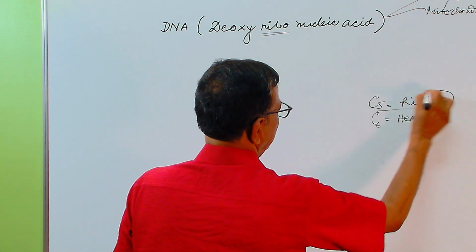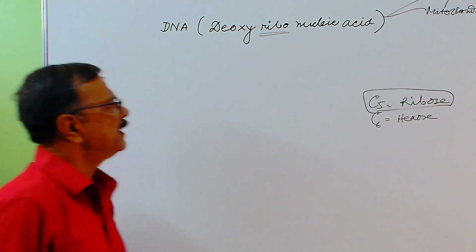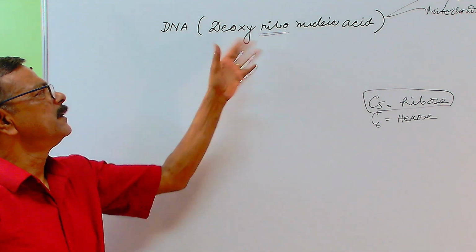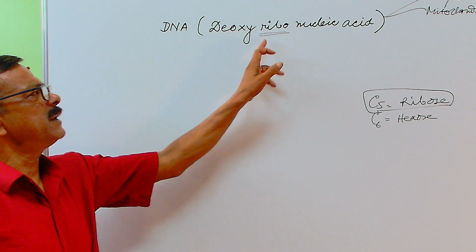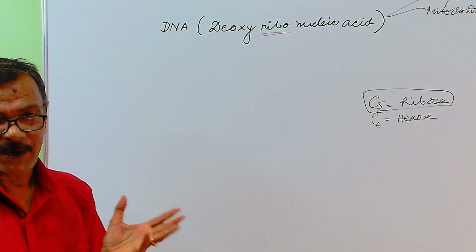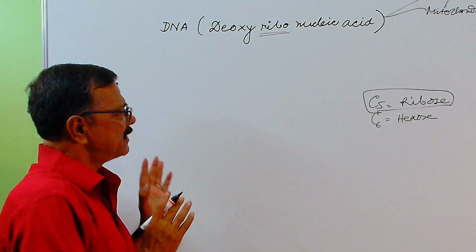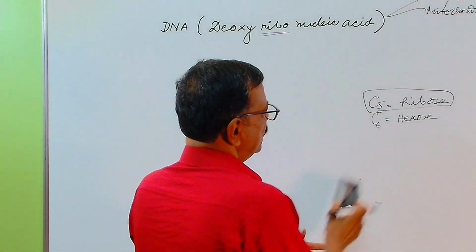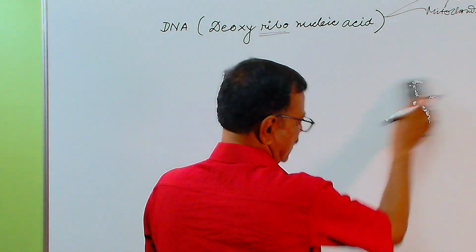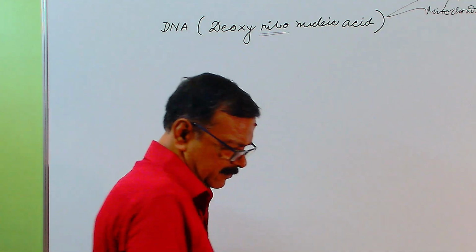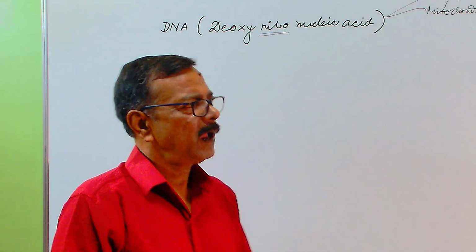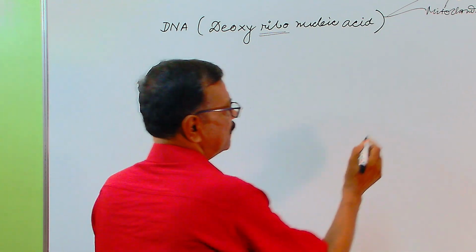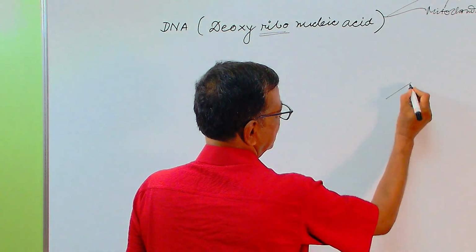So ribose is a sugar. It is ribose sugar, but it is called deoxyribose sugar. Why? Let us draw the structure of ribose first. If a question is asked why it is deoxyribose and why RNA sugar is called ribose sugar, first we learn what that is.